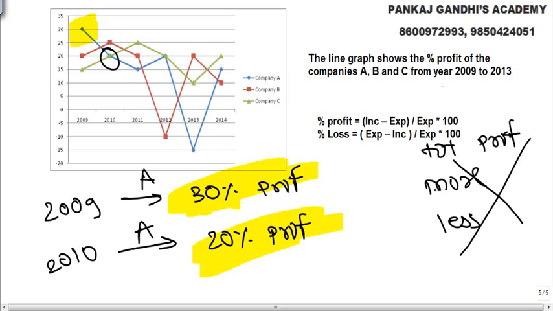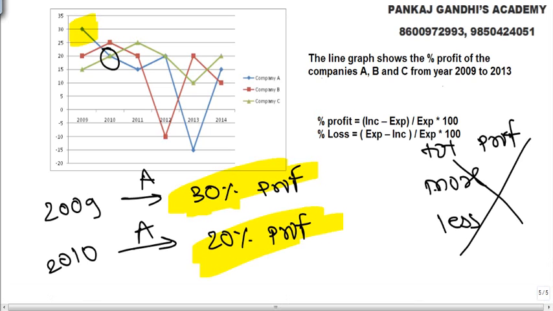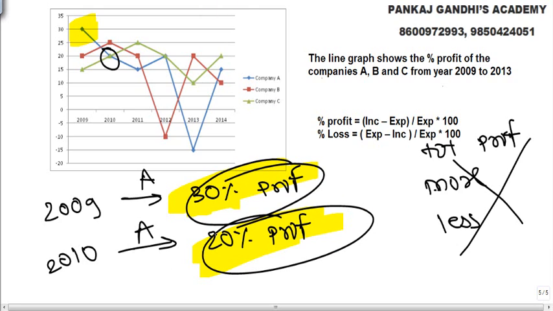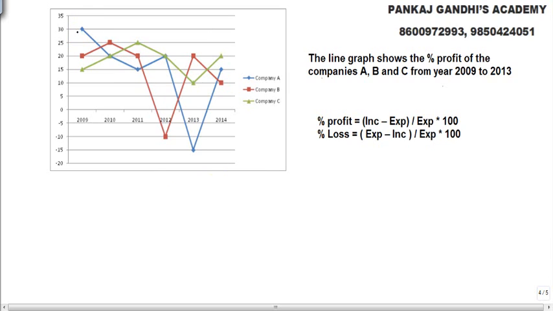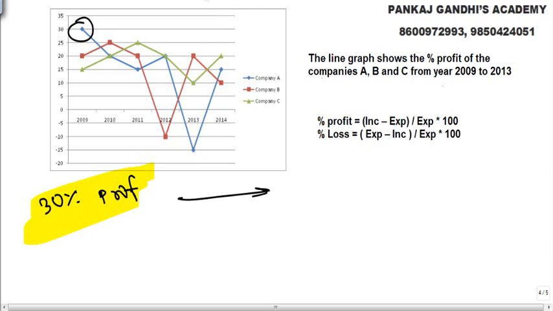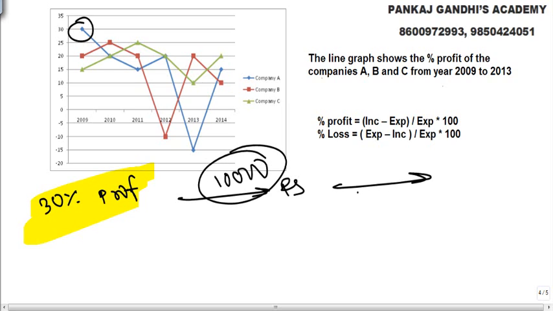Let's assume कि अगर कंपनी को यहां 30% प्रॉफिट हुआ है, यहां 20%, बट ऐसे भी तो हो सकता है कि कंपनी here was making 30% profit but could sell, let's say there was one company which was making 30% profit by selling an article for 10,000 rupees ka one article and it could sell only 10.